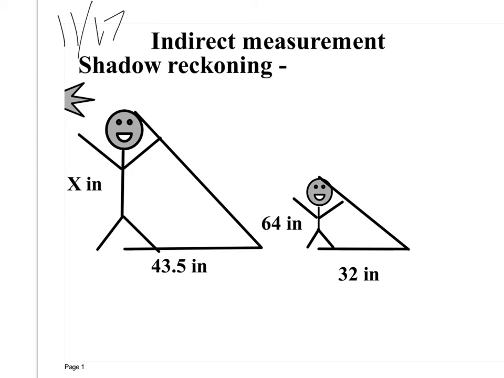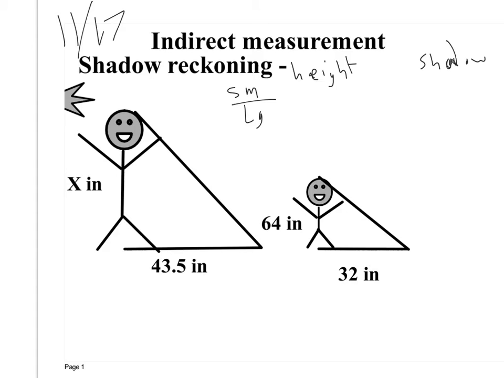And you can write it 100 different ways. The easiest thing to do is just go small over large. And we're going to do the height. And then on the other side of the proportion, you're going to do the shadow. Now you want to keep those separate. You want to make sure you know which one's which.